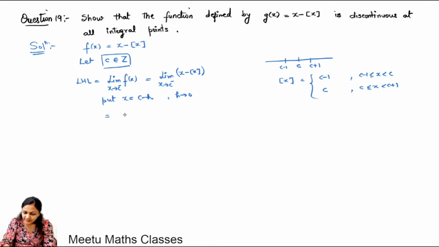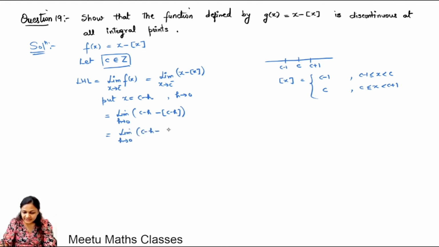So your limit will become limit h tends to 0 of c minus h minus greatest integer function of c minus h. And greatest integer function of c minus h, to the left of c, will be c minus 1.